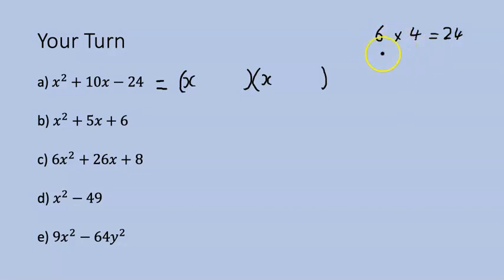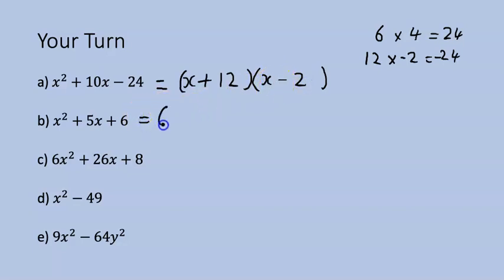But then again, that won't work because one's positive, one's negative. What if I try 12 times 2? That gives me positive 24. But one's got to be positive, one's got to be negative. So if I make that minus 2 and then minus 24 here, 12 take away 2 is plus 10. So it works. So we've got x plus 12 and then x minus 2.